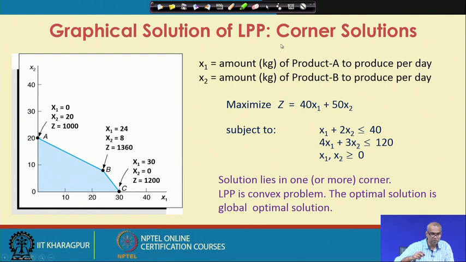So, apart from the origin, we have three corner points: point A, point B and point C. We have noted that the optimal solution is located at point B.